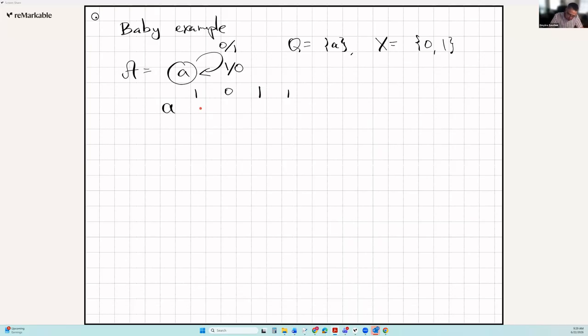You were in A, you read 1, you flip it to 0 because you flip 1 to 0 and 0 to 1, and then you move to the same state A. And then you move on, you just flip every single input letter. 0 goes to 1, and then 1 goes to 0, you go back to A, and 1 goes to 0, and so on. So every letter is flipped. Then guess what happens if you apply it again? If you apply it again, of course, 0 will be flipped to 1, and you go back to state A.